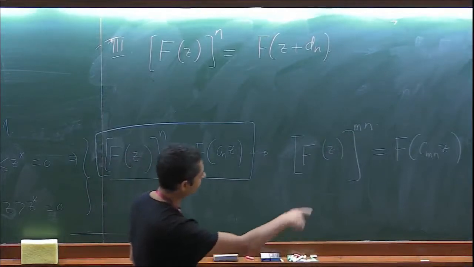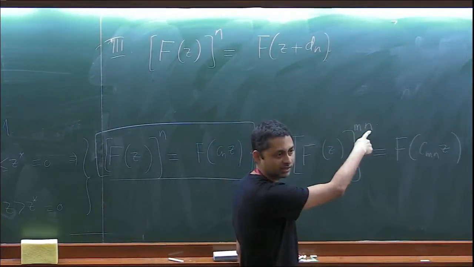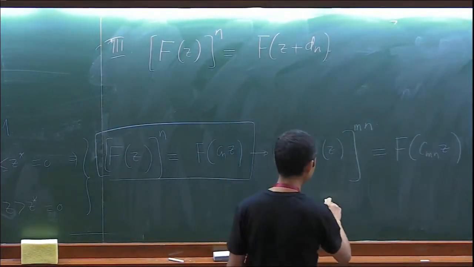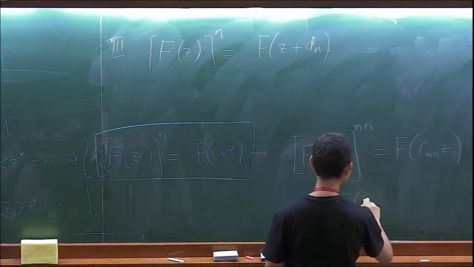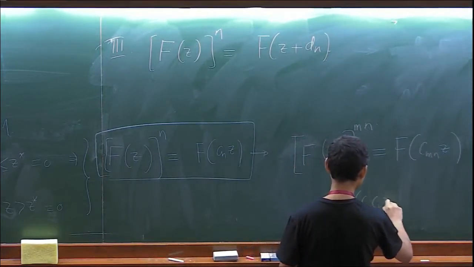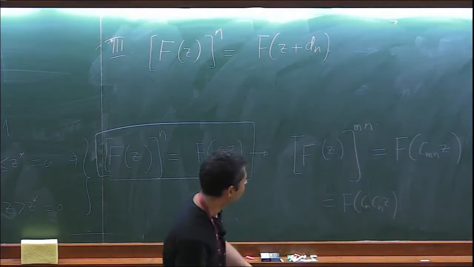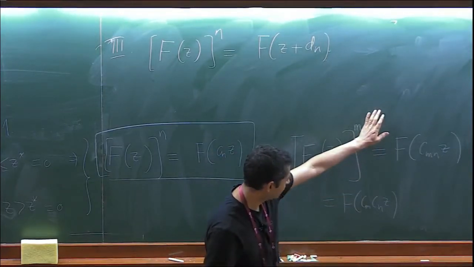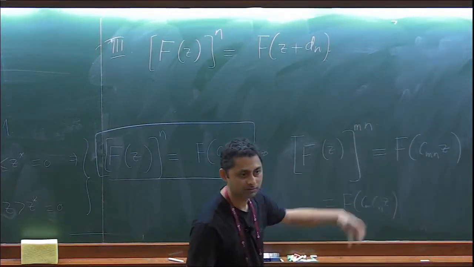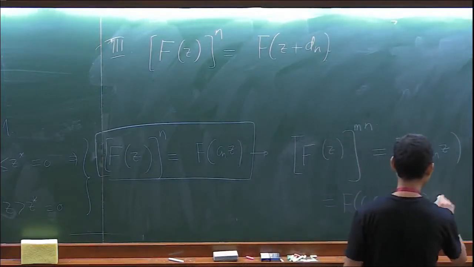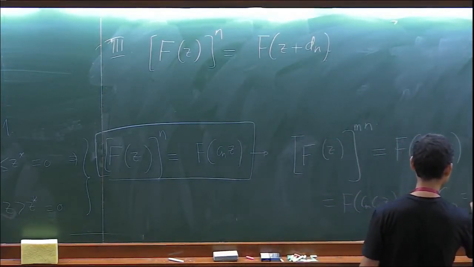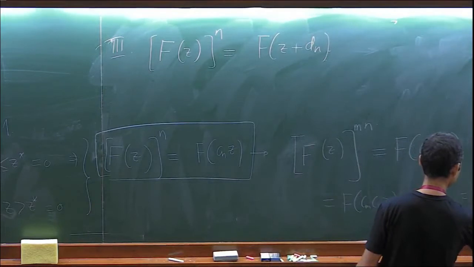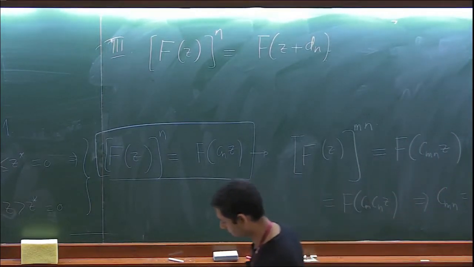I could have also done the m first and then the n. So this is also then given by f of Cm, Cn of z, right? First I look at this guy, that is Cmz, and then I do the n one. So therefore this says that Cmn is equal to Cm Cn.